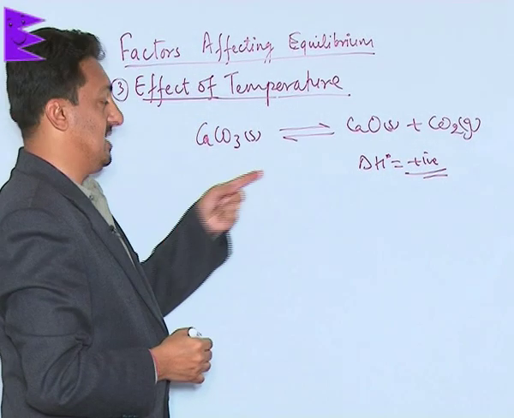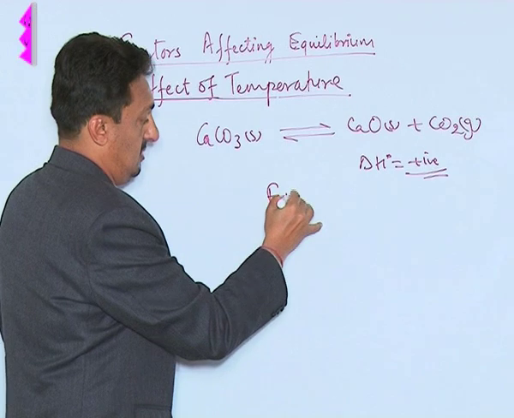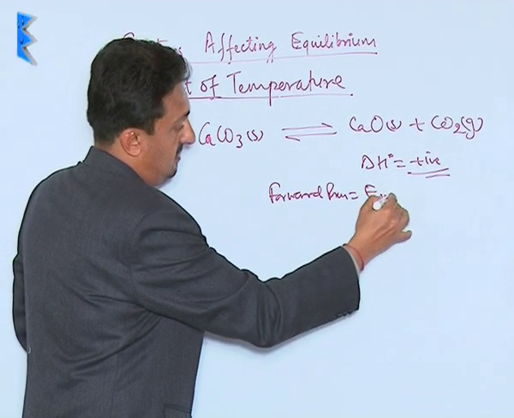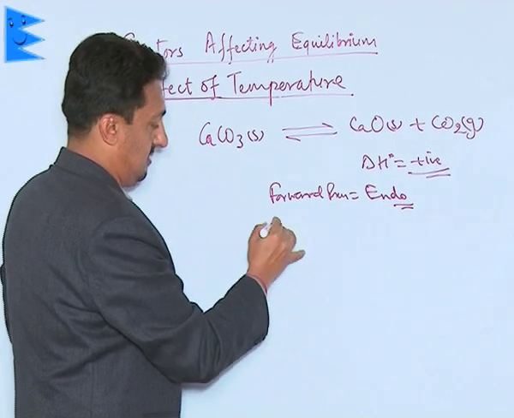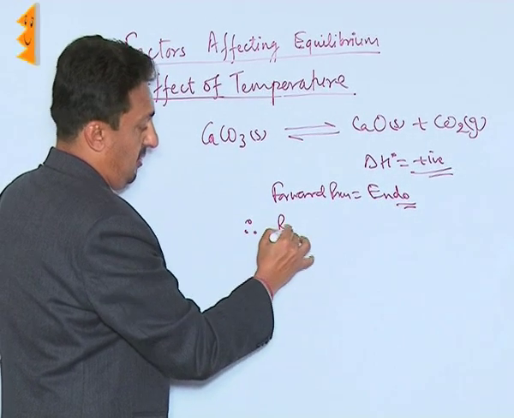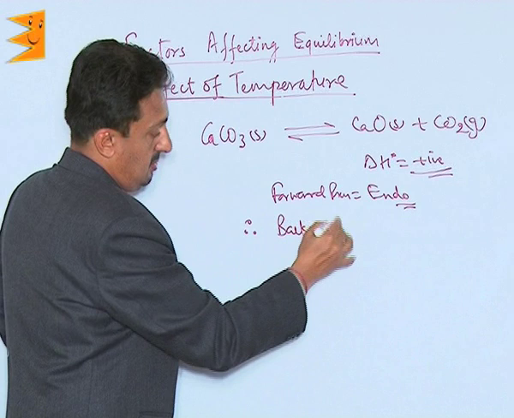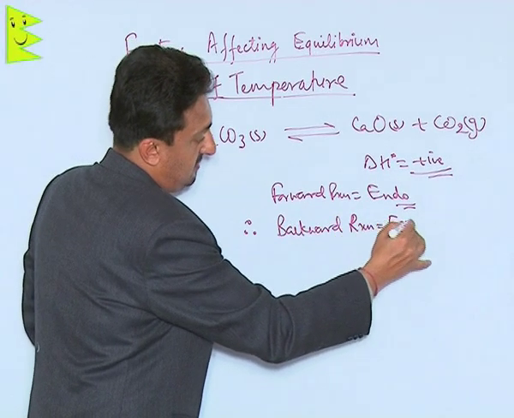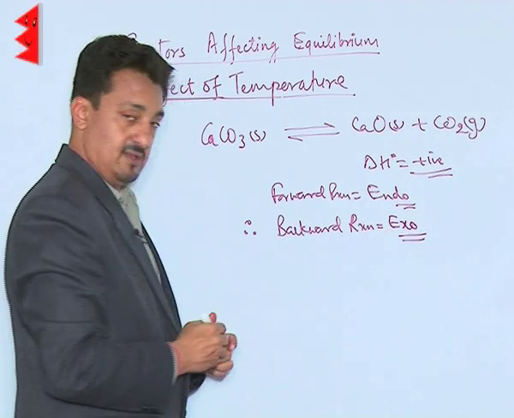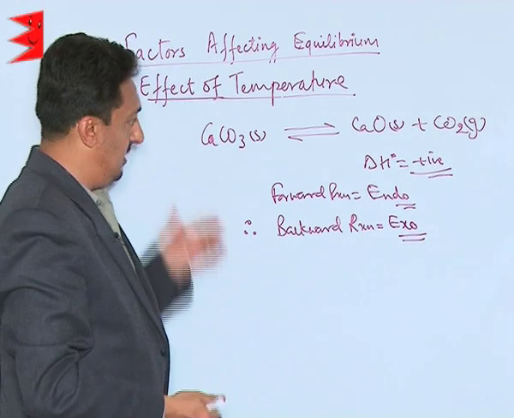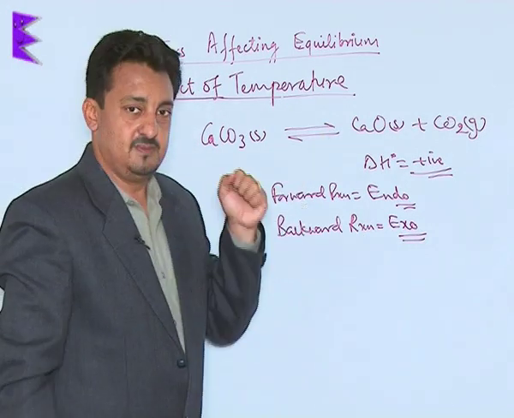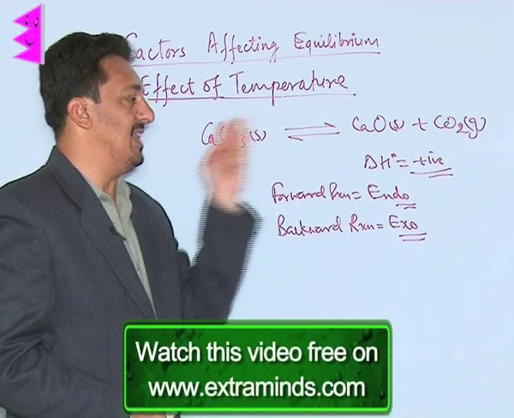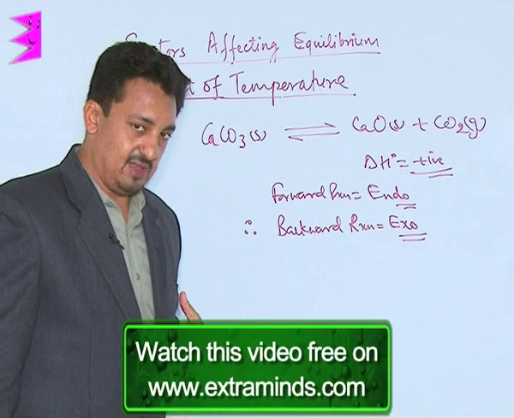It means this reaction, the forward reaction, is endothermic. Therefore, the backward reaction is exothermic. So if it is moving in the forward direction, the energy is absorbed. If it is coming back from the product to the reactant side, the reaction is exothermic.